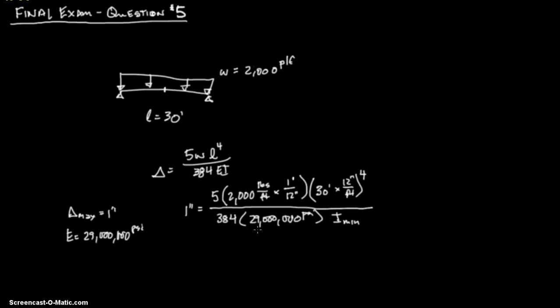And then you can do divided by 1 because this 1 will come over here. And the I min, since it's dividing on this side, will come over here and multiply on this side. So I min, I'm getting as 1,257 inches to the fourth is what I is.